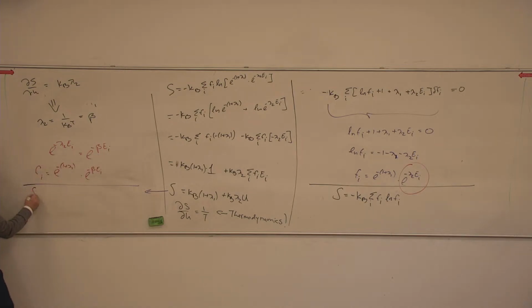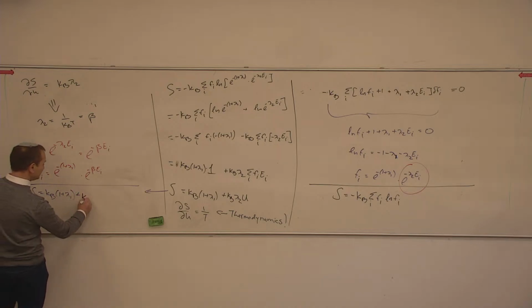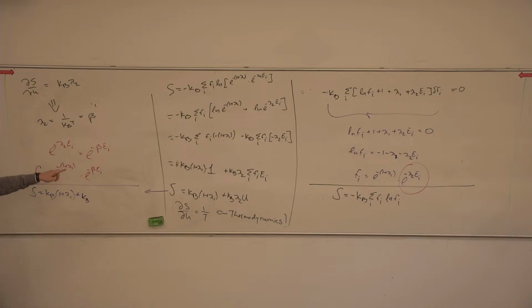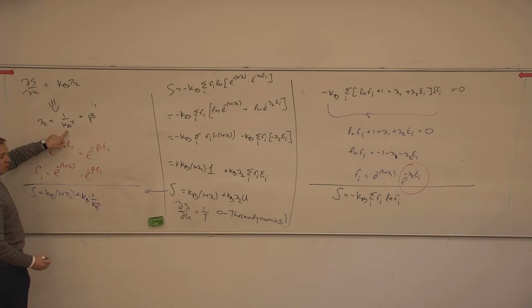We know the following: S equals k Boltzmann (1 plus lambda 1) plus k Boltzmann lambda 2 U. What is lambda 2? 1 over k Boltzmann temperature.